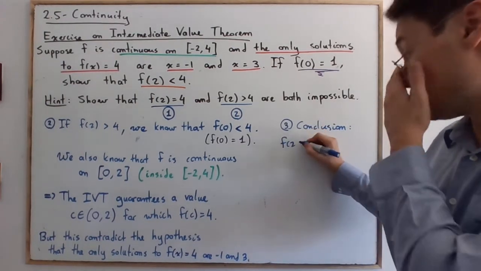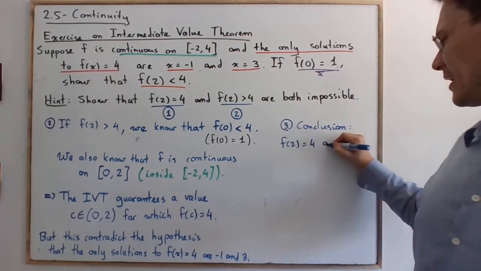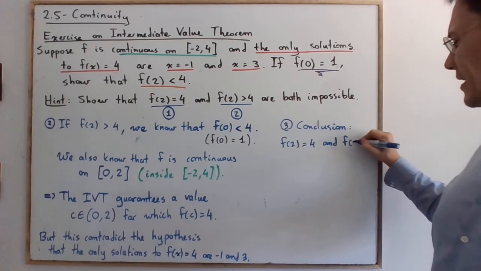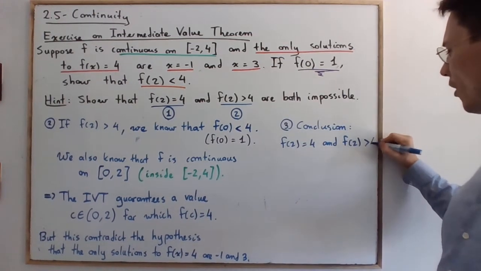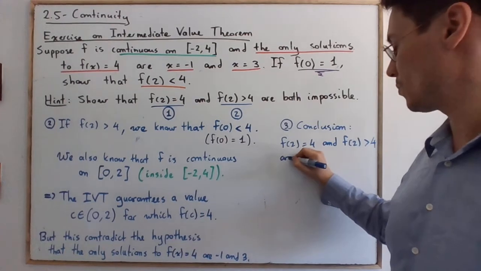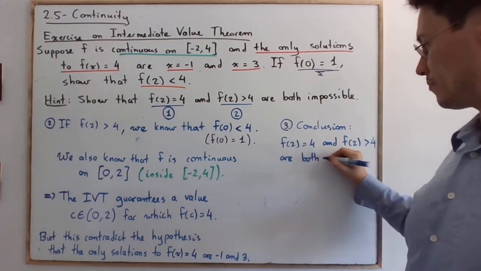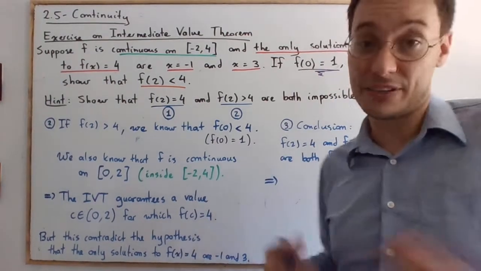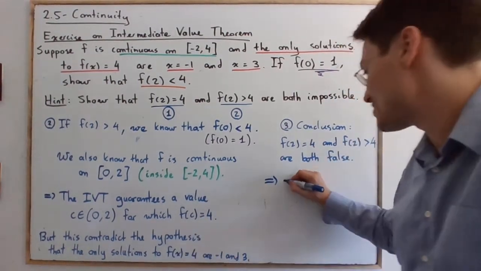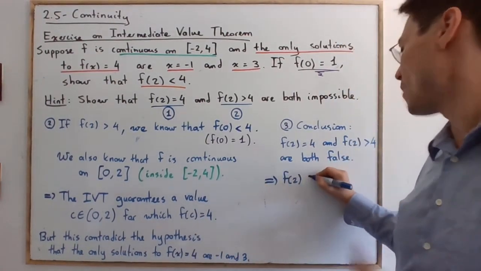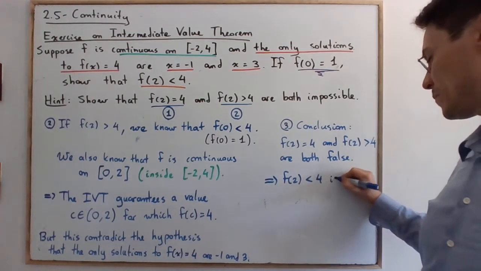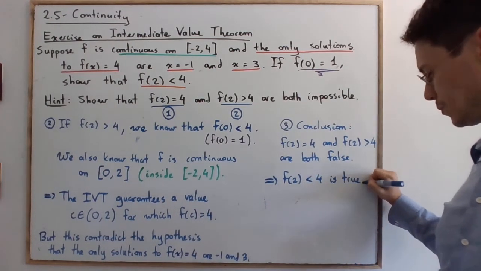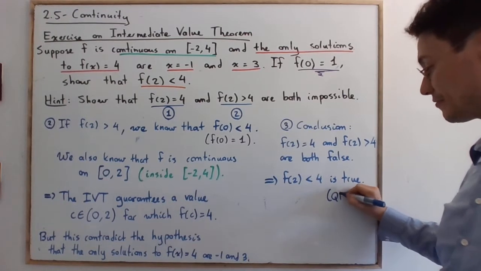F of 2 equals 4 and f of 2 greater than 4 are both false. And the other alternative is f of 2 has to be smaller than 4. So this is what we wanted to prove.